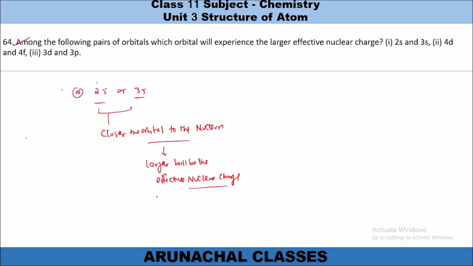So here the 2s orbital will experience larger effective nuclear charge because this orbital is nearer to the nucleus.